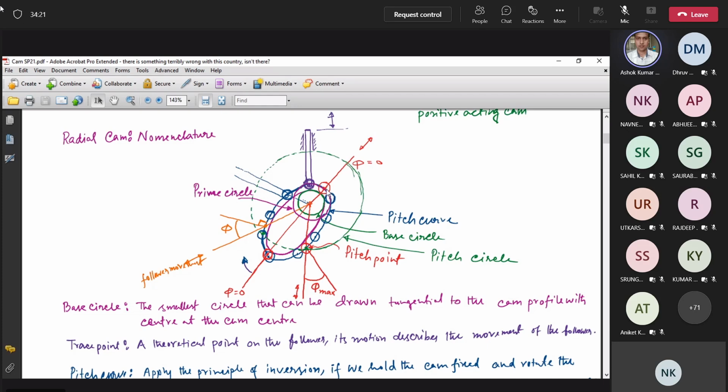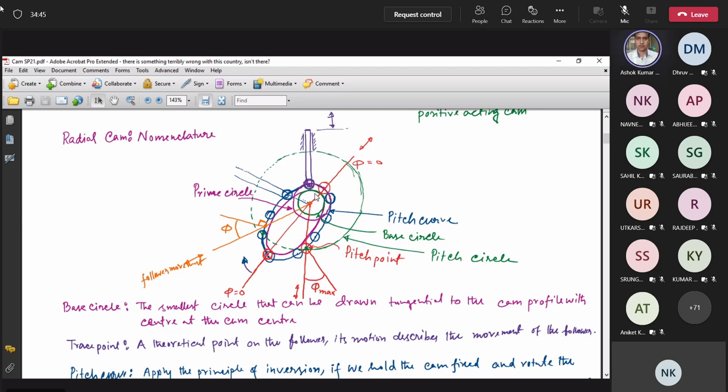But if you take a point here, you will have this angle. Just move to this point or this point, and you see again the pressure angle is 0. So this way you will find some points where the pressure angle is maximum.